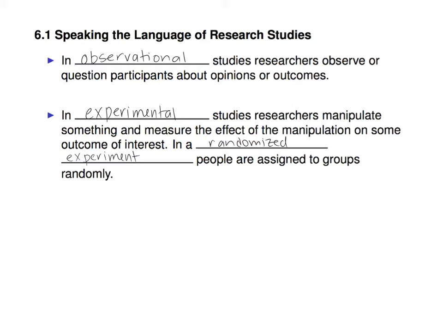You can think of things like drug trials where people are randomly assigned to either get the drug or get a placebo.